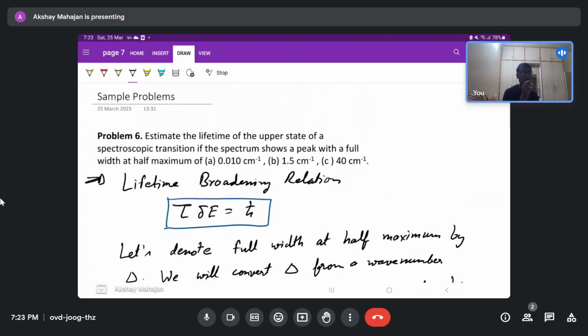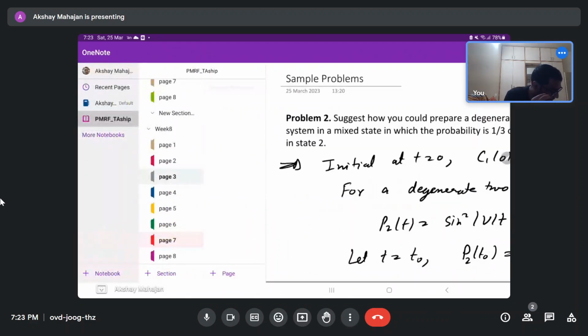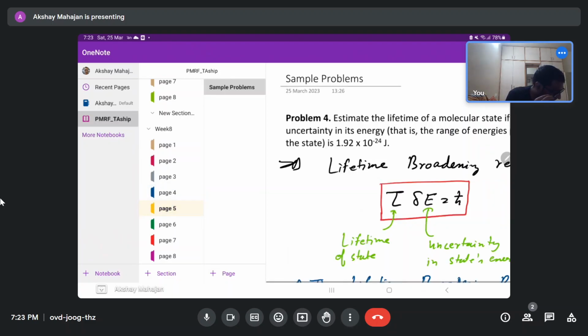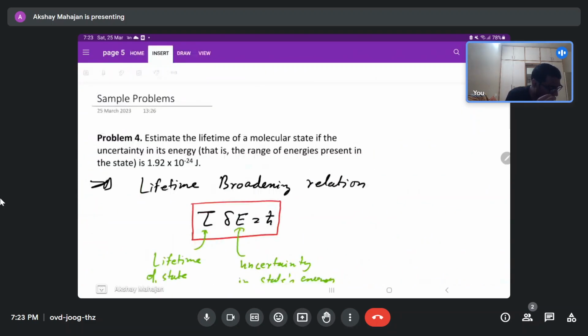This is similar to the problem we solved earlier, problem number 4, where we had to find the lifetime of a molecular state given the uncertainty in its energy. There we just applied the formula directly, tau del E equals h cross, since del E was already given.